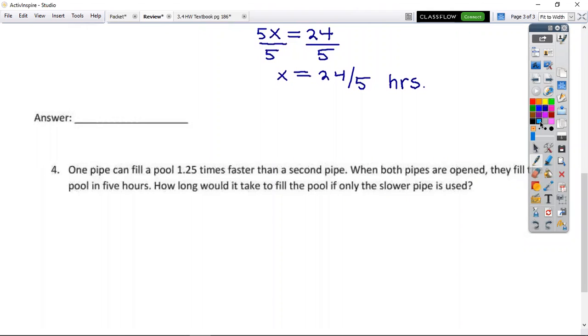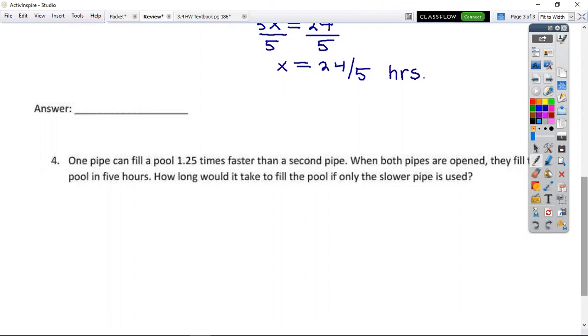You have one pipe that can fill one pool 1.25 times faster than a second. So we have 1 over 1.25 x versus the second 1 over just x. So your rates.